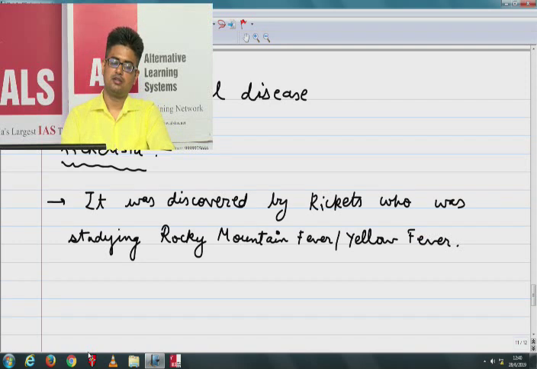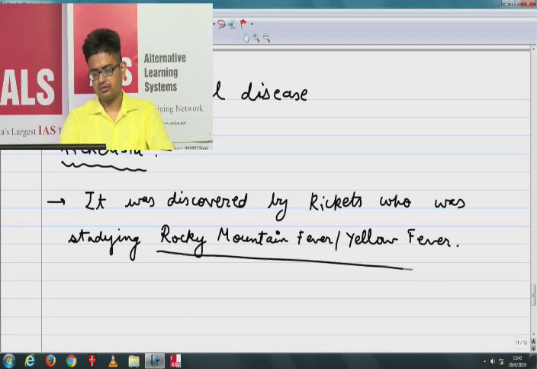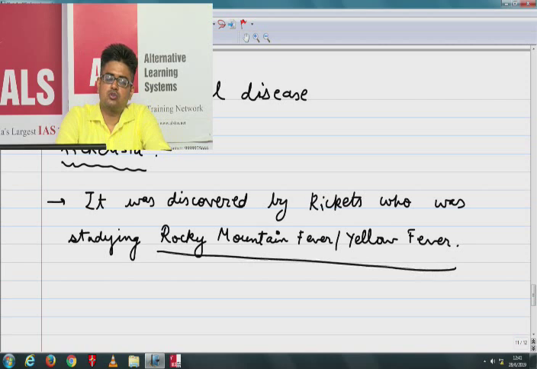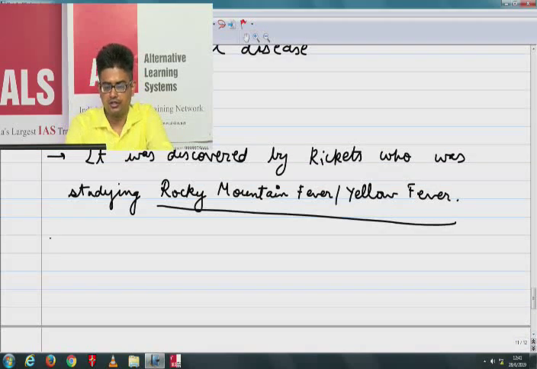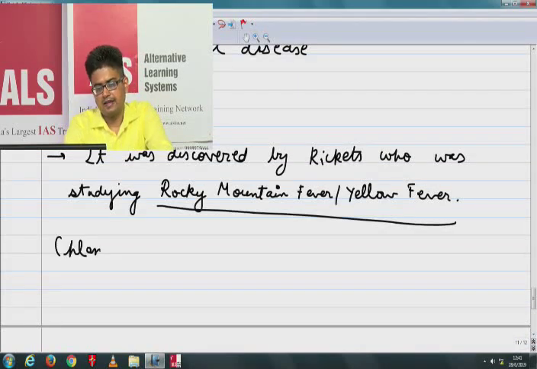After his death, the organism was named after his name only. So Rocky Mountain fever, yellow fever is caused by rickettsia. That's all you need to know about rickettsia. We do not need to study about it in great detail. Next organism is chlamydia.